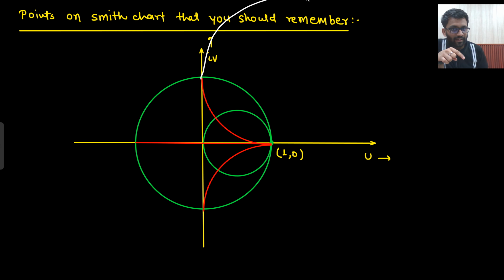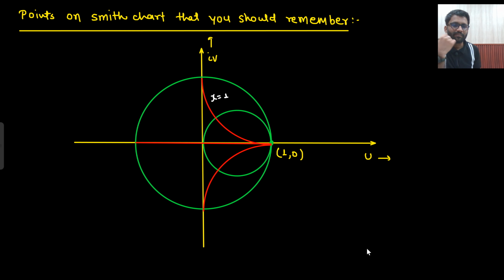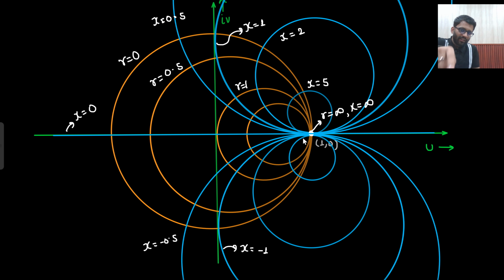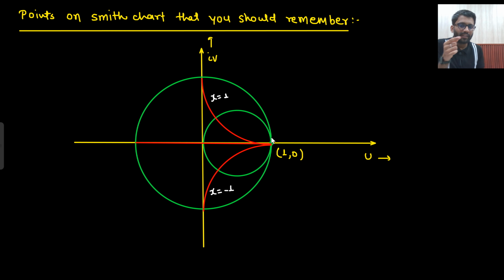Actually, the complete curve will be something like this. This is your x equals to 1, so x equals to 1 will completely go like this, but we show it in the unity circle only. I will tell you the reason why we show it in the unity circle. This is your x equals to minus 1. It will go completely like this, but we will show it till the unity circle only.